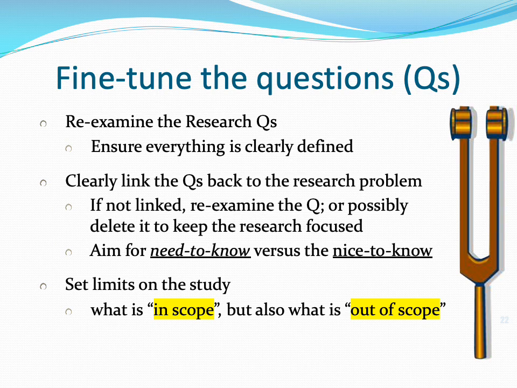So, last point there, decide what is in scope and what's out of scope. So if you are interested in finding out what people in Victoria feel about tourism, it's good to define what you mean by people in Victoria.